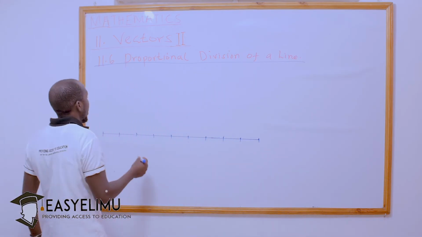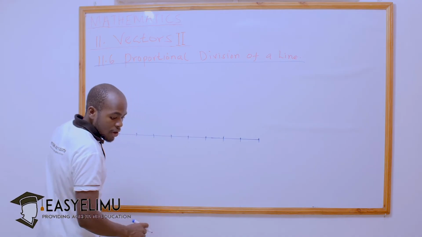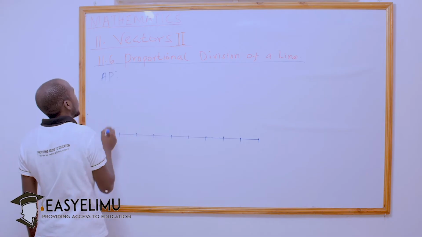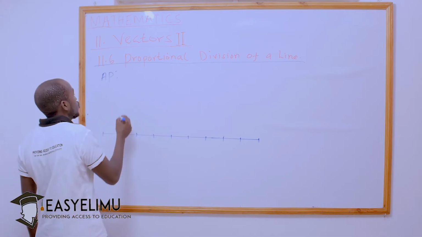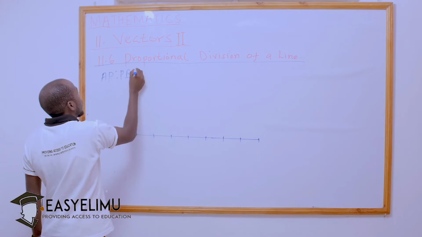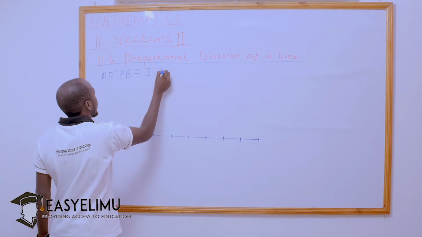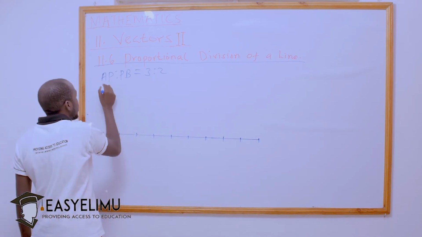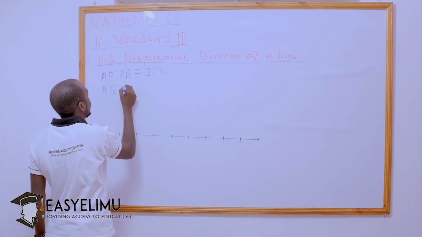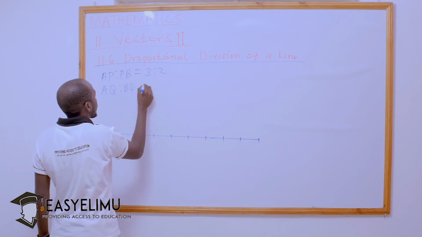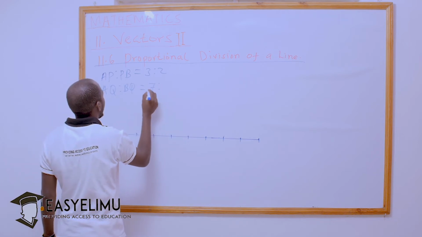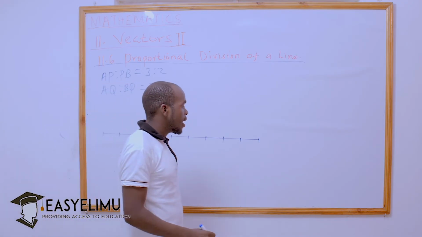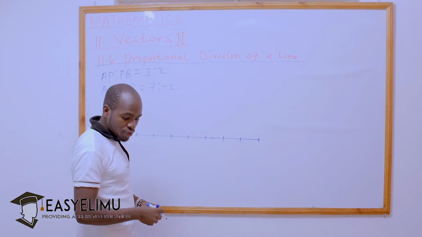We have been given a line AB, so P divides AB in the ratio 3 to 2, and for Q, AQ to BQ is in the ratio 7 to negative 2.